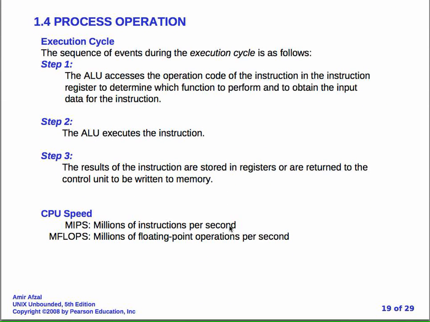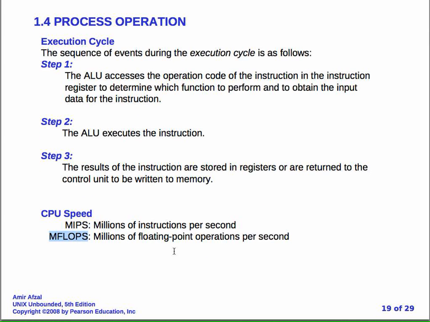Okay, so I'm going to skip some of these things, but the main thing you want to keep in mind is that CPUs execute instructions roughly on the order of millions per second, although these days it's up to 1 billion instructions per second, roughly. You might also see the term flop, megaflop, that's millions of floating point, FL stands for floating point, operations per second.